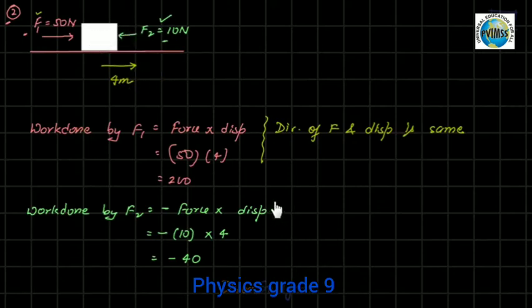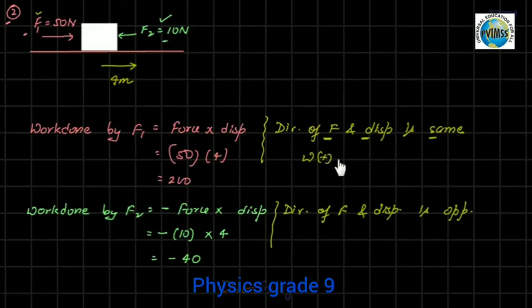Now come to the second, F2, where the direction of the force and the displacement are opposite to each other. Here in the first case, the force and displacement were the same, so work done is positive. But in the second case, force and displacement are opposite to each other, that's why we put the negative sign here, so work done will be negative.